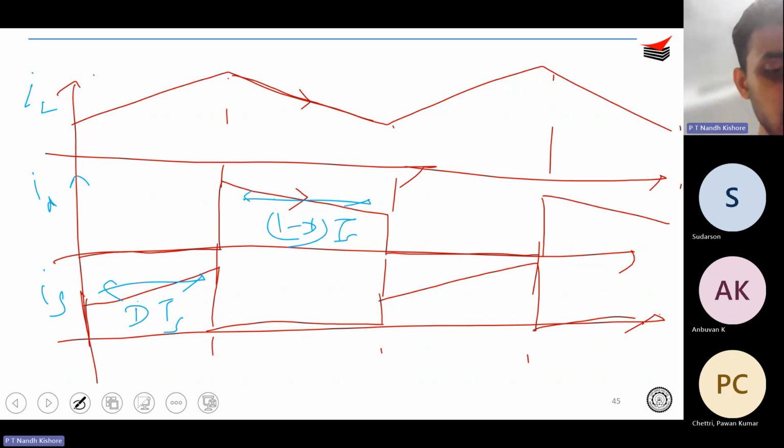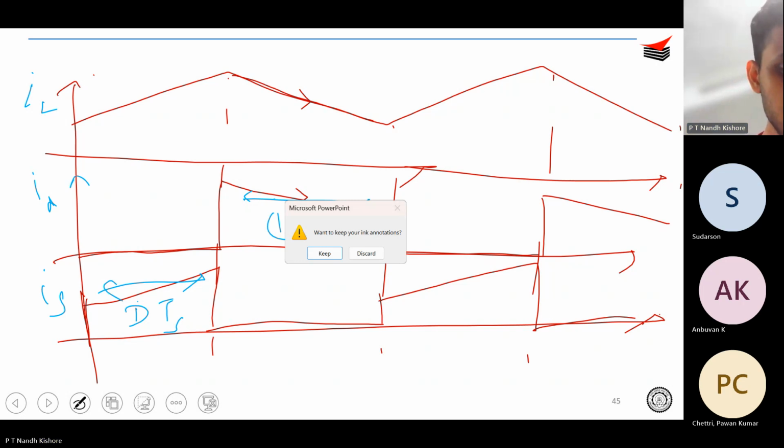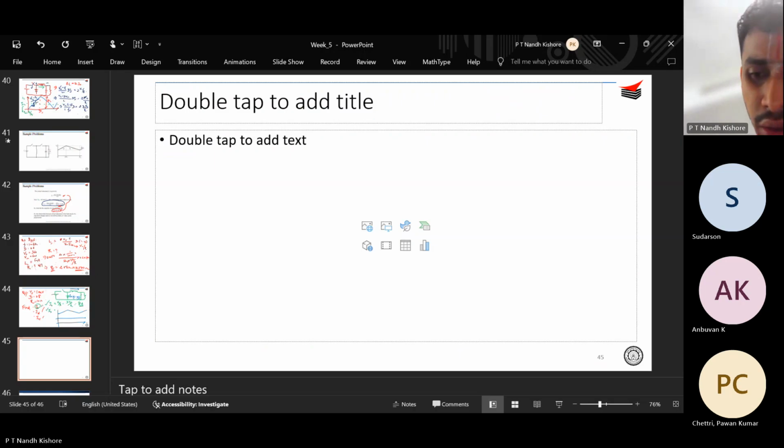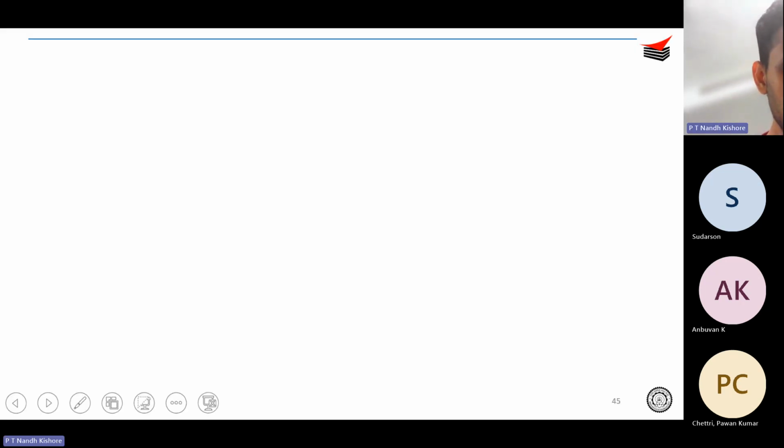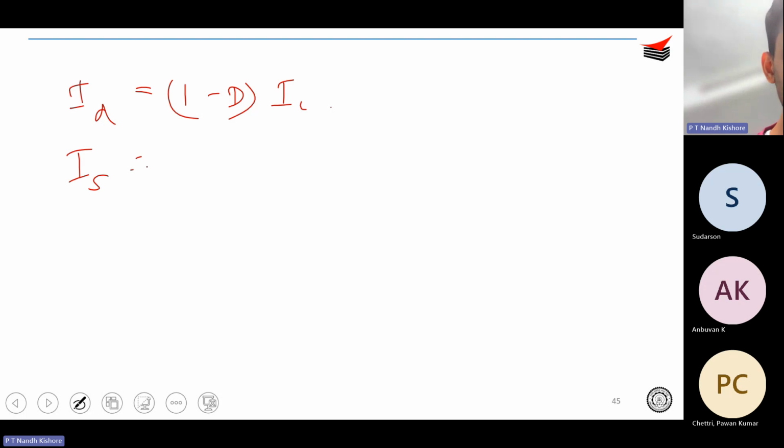This is the information we know. So simply we can write ID is equal to 1 minus D times IL, and IS is equal to D times IL. Simple, right?